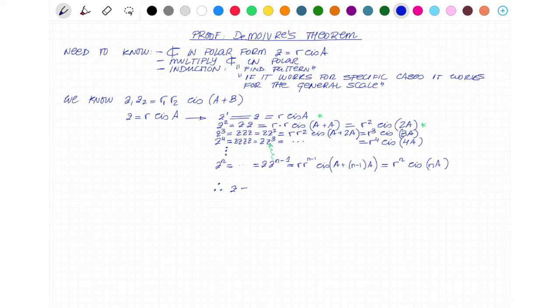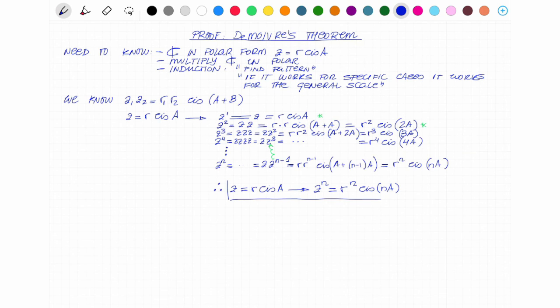I'm telling you, okay, if I've got a number in polar form that has a modulus and an argument, then that number to the power of n is the modulus to the power of n, cis of na.